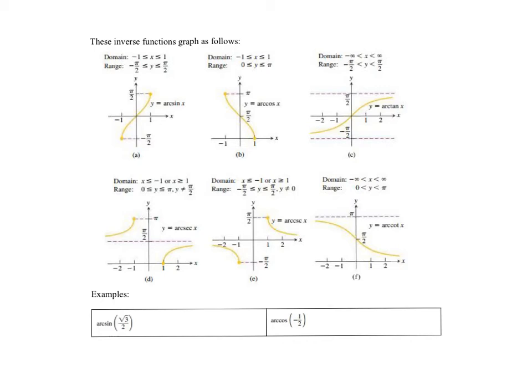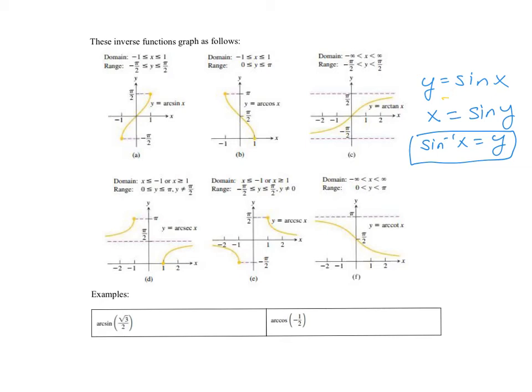So first of all, remember that everything has switched positions. So originally we would have y equals sine of some x. Well, when we take the inverse, we would have x equals sine of y. And then we take the inverse sine on both sides to get it by itself, and that's where the sine inverse comes from.